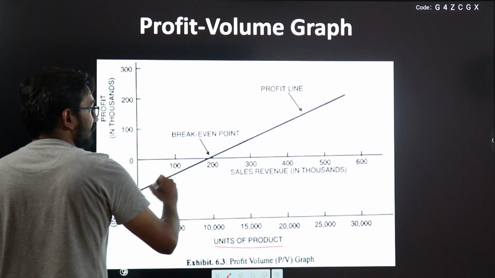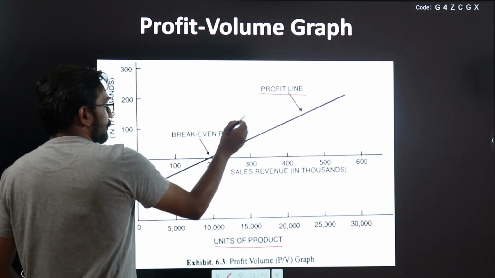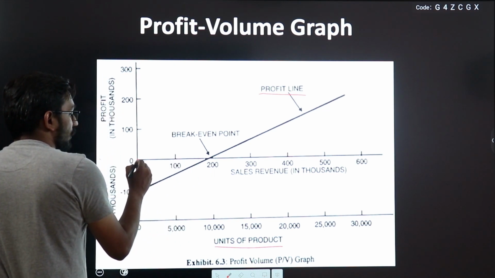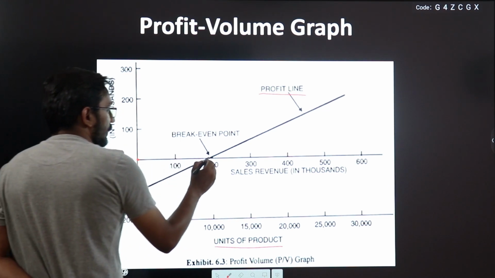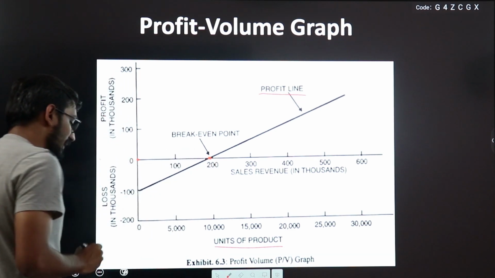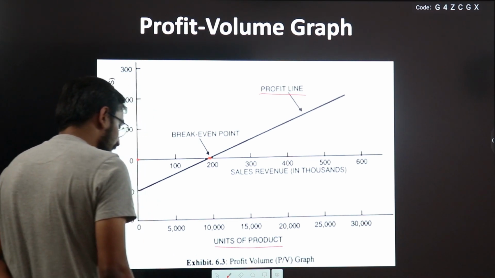Where this profit line intersects the axis, the profit is 0, and this point is known as the break-even point, where the profit is 0.